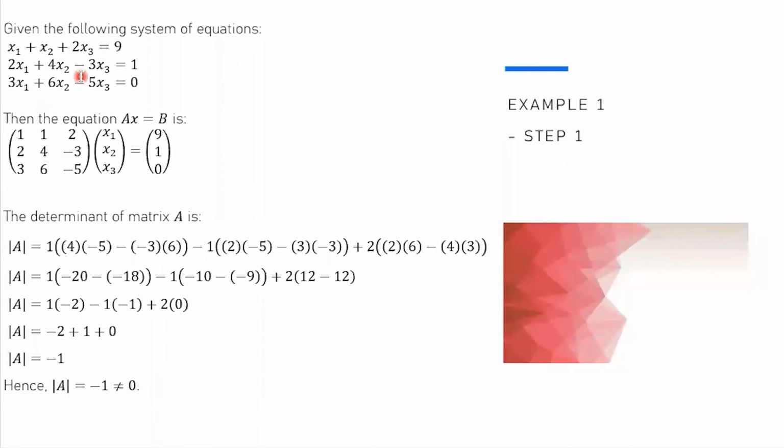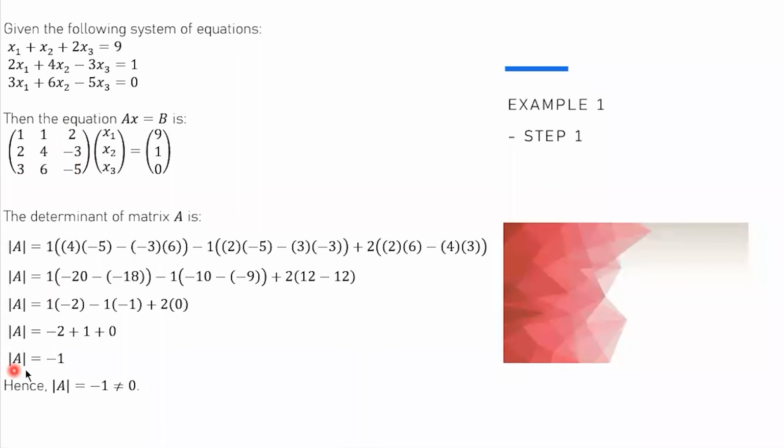Given the following set of system equations, the equation Ax equals b is shown below. The determinant of matrix A is calculated by the following steps. 1 multiplied by 4 times 5 minus 3 times 6, minus 1 multiplied by 2 times 5 minus 3 times negative 3, plus 2 multiplied by 2 times 6 minus 4 times 3.